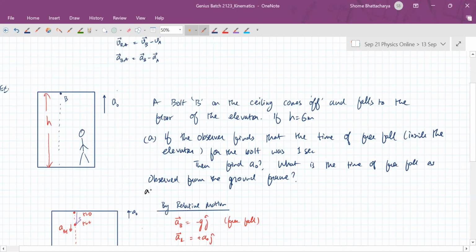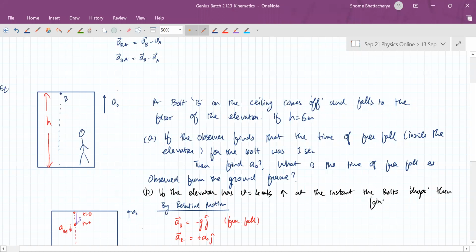The second part of the question is that B. If the elevator has a velocity of 4 meters per second upwards at the instant the bolt drops or comes off, then find the distance traveled by the bolt.